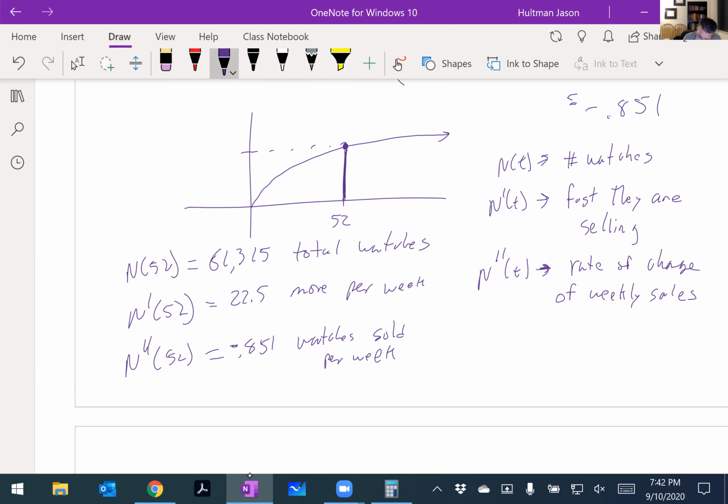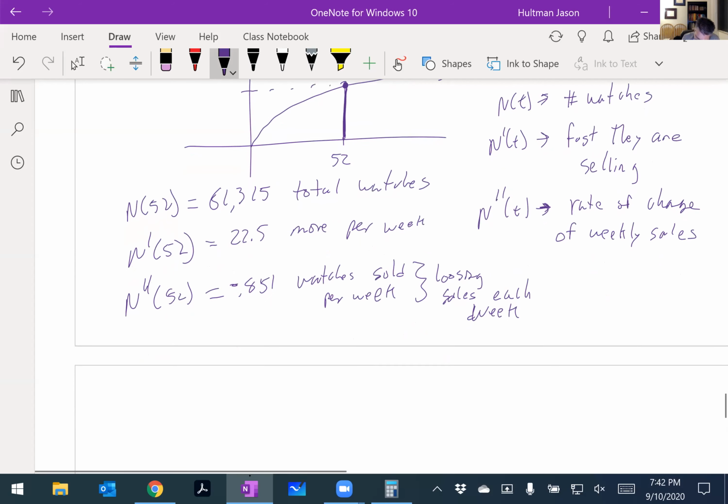What does that mean? That means that the number of sales is decreasing. The amount that I'm selling is going down. I'm losing sales each day or each week. It's negative. Now, how am I losing sales?